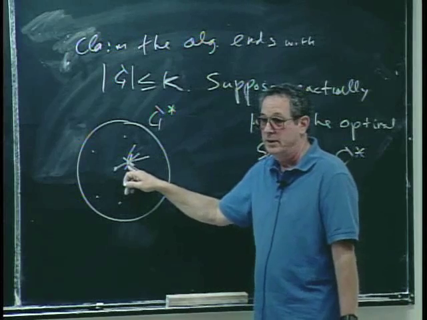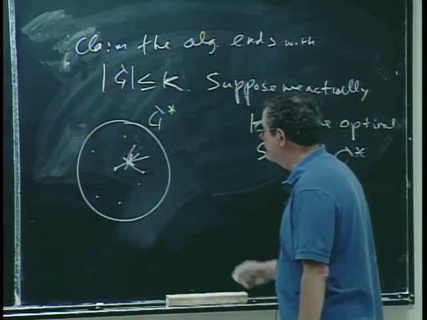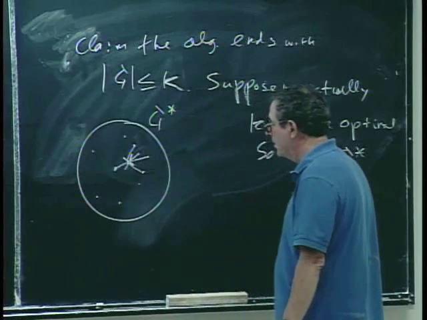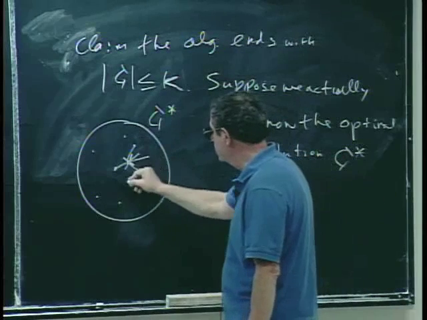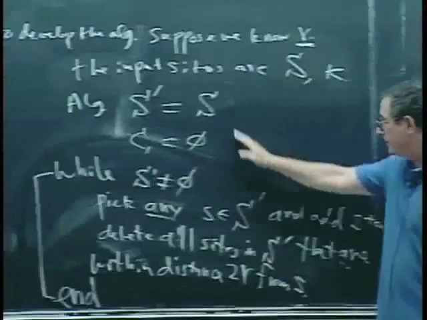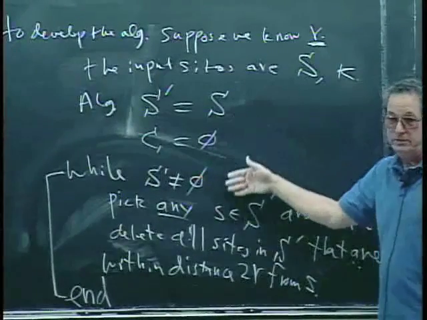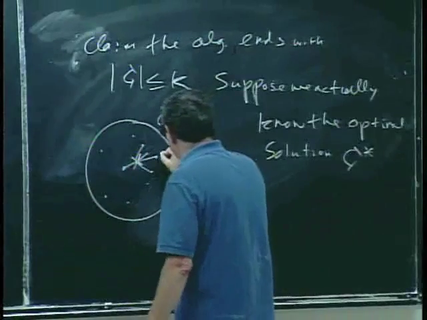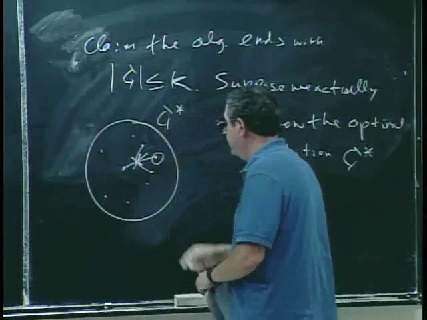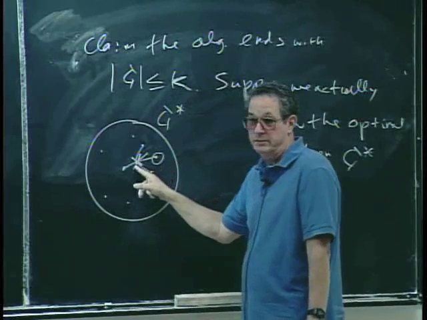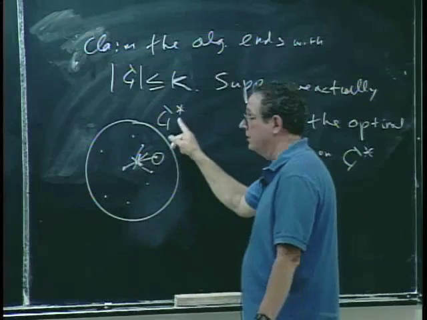Now suppose that the algorithm picks one of these sites to be one of the centers. So the algorithm is picking sites to actually be centers. The algorithm is going to pick a site, and that site is within distance R of some center in the optimal.